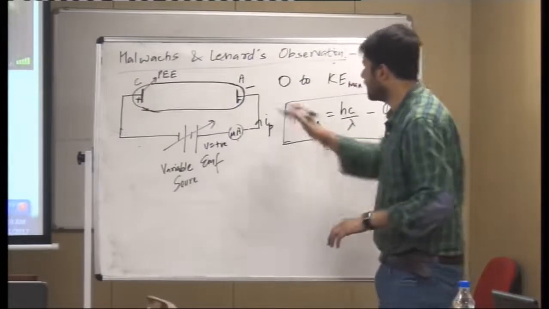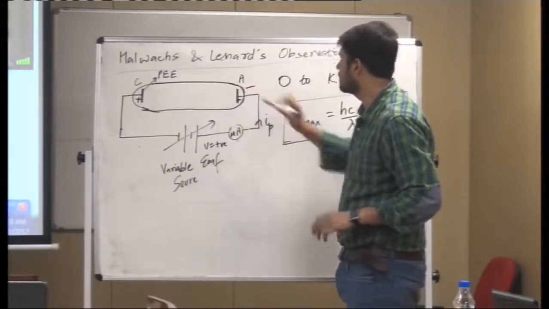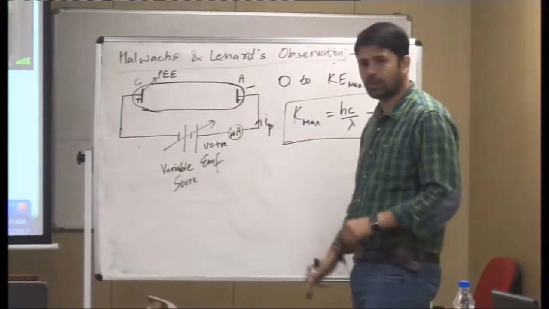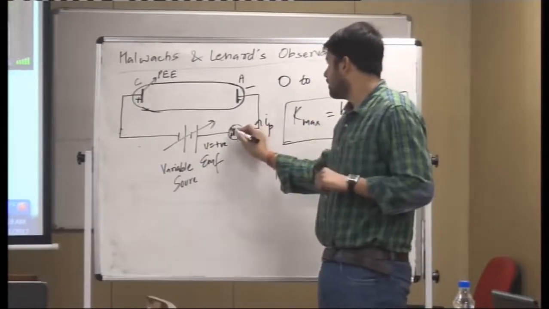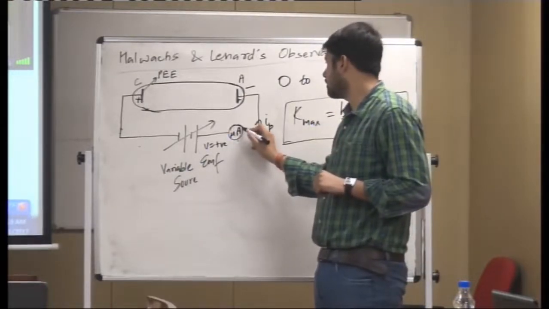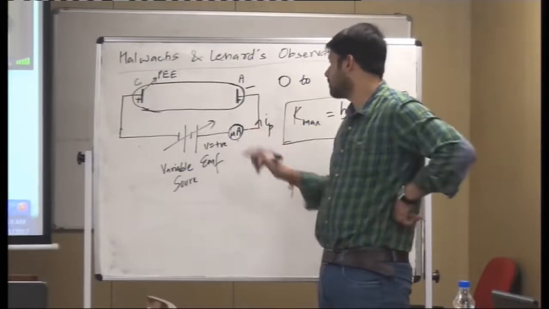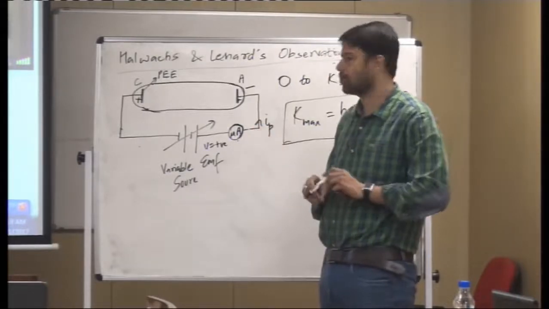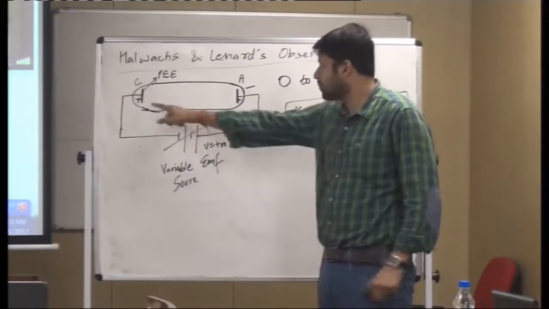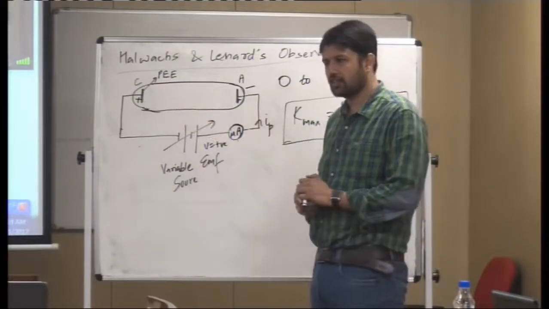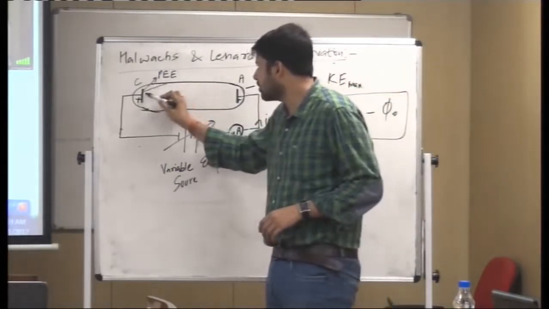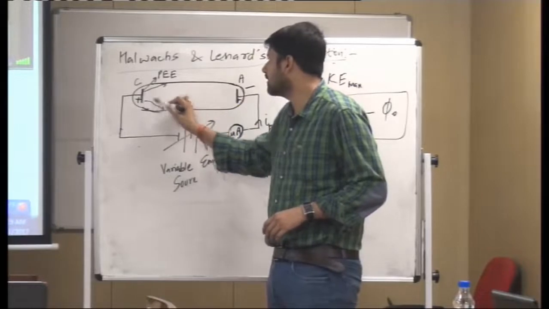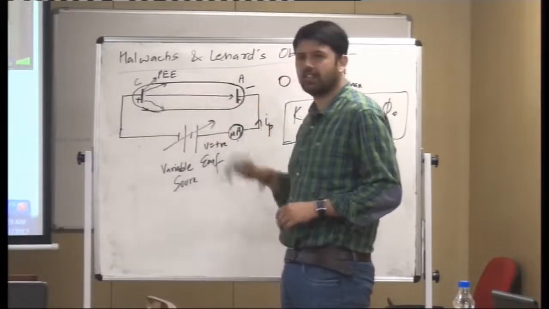Now try to understand this. What happens? Now if this is positive, this is negative. Let's say earlier some electrons were going here and there, some were approaching like this.